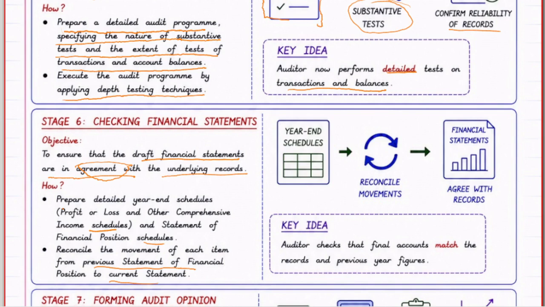So stage 6 is checking financial statements. The key idea here is that the auditor checks that final accounts match the records and previous year figures.